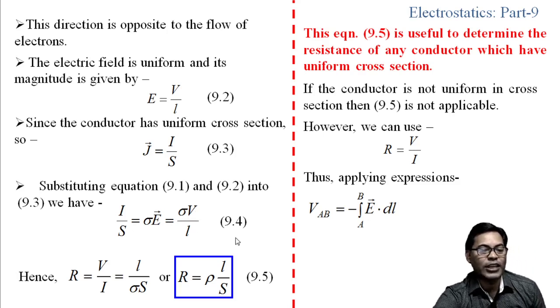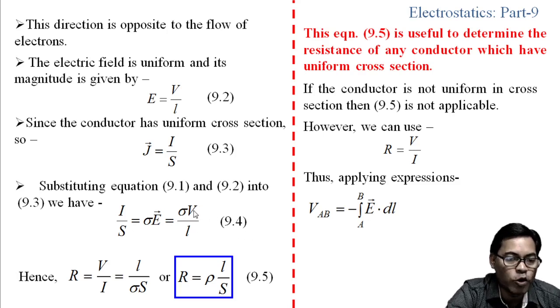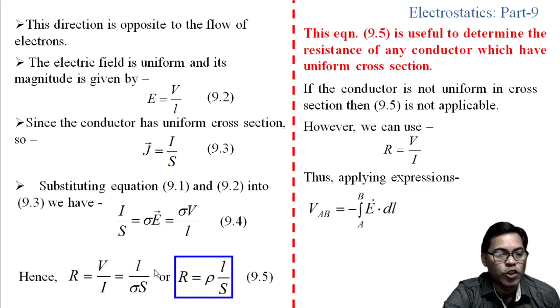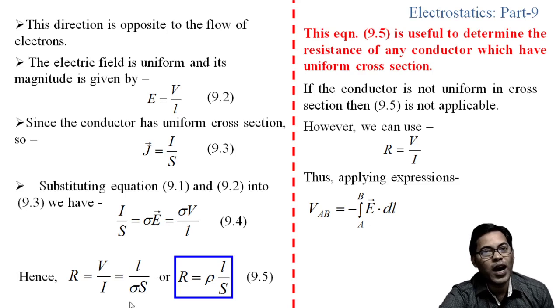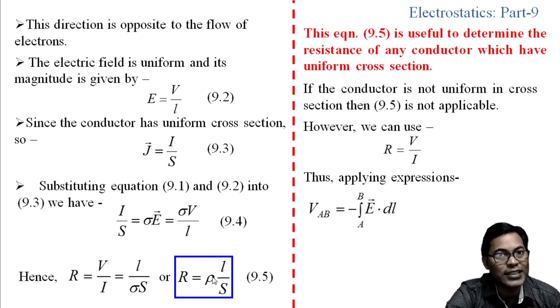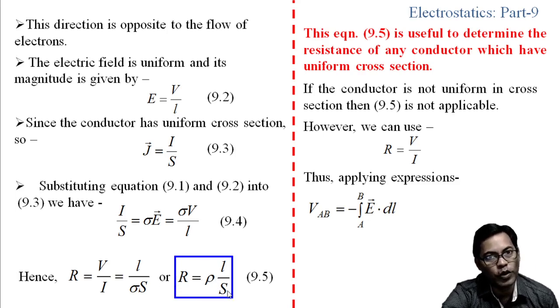So from equation 9.4 we can find that V by I equals R, so R equals V by I, and that is equal to L by sigma into S. So 1 by sigma can be written as rho, the resistivity. So R equals rho into L by S, that is known to us.